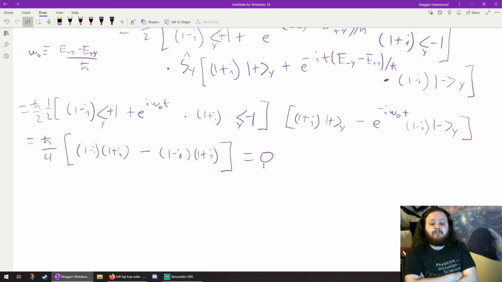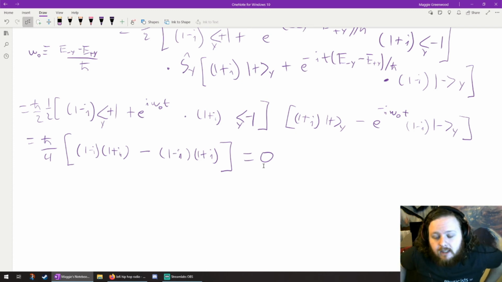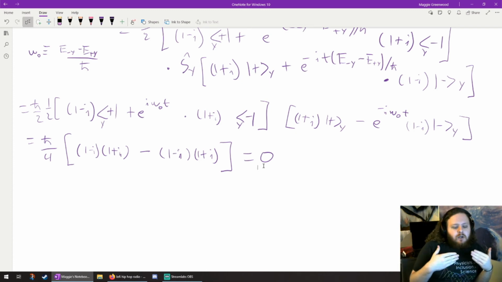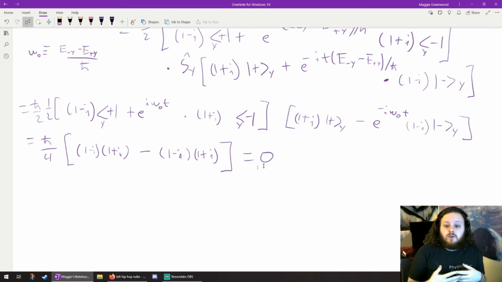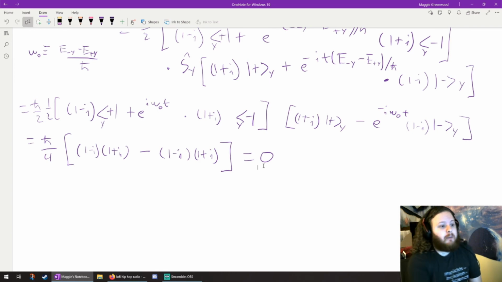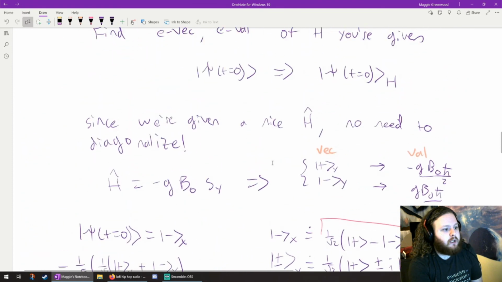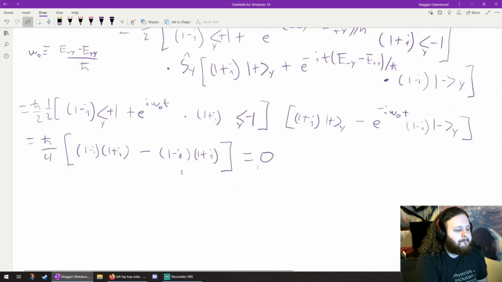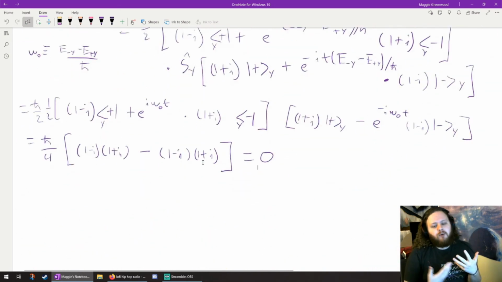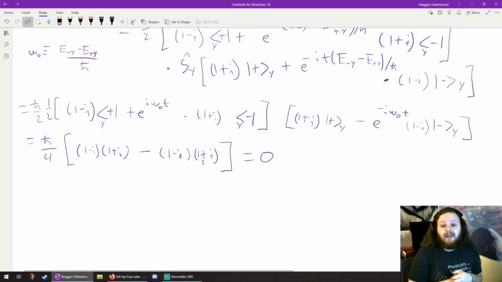So I actually expect, and this is just kind of a true quantum fact, any operator that commutes with the Hamiltonian, which is to say any operator that shares a set of eigenvectors with the Hamiltonian, and SY definitely commutes with the Hamiltonian because the Hamiltonian is literally a linear multiple of SY, should have an expectation value that is independent of time.